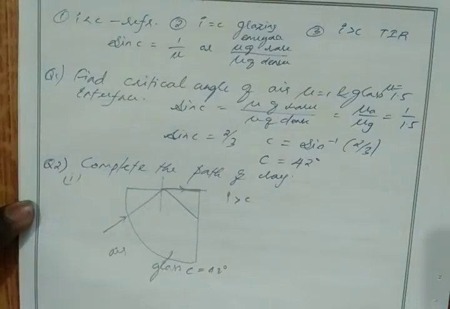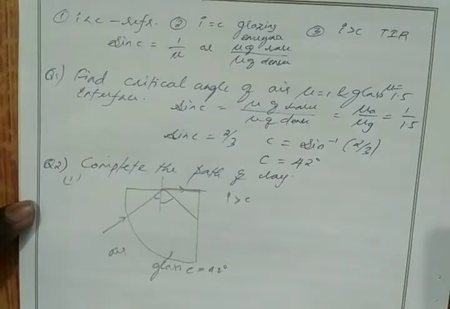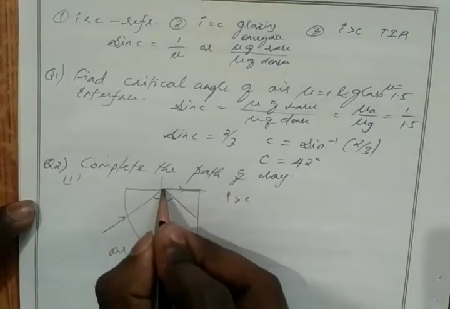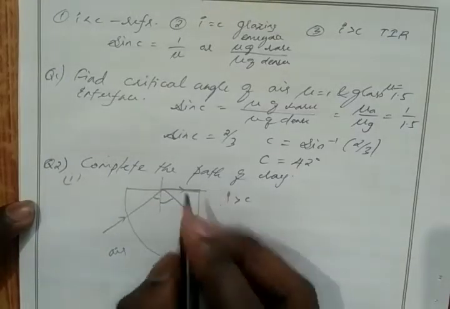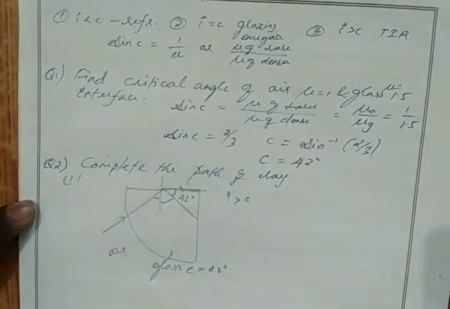So whenever we study reflection, we have two values, angle of incidence and angle of reflection, correct? So how to find this angle? You see here, if it is 42 degree, then it goes straight when the angle is 42 degree. But here the angle is more than 42 degree, so we have to find that angle.